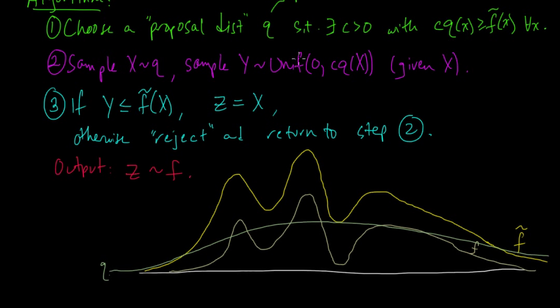And then let's draw CQ. CQ we'll do in this nice rich green color. We scale up Q so that it's greater or equal to F tilde. It's testing my drawing skills here. Actually, we might not hit that one exactly. Let's say we're a little bit greater there.